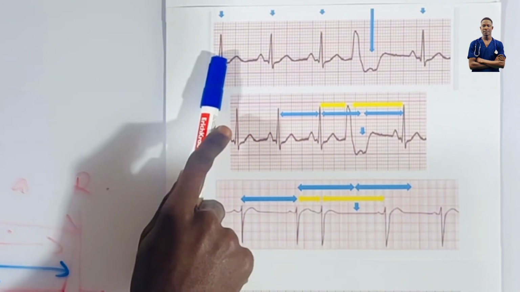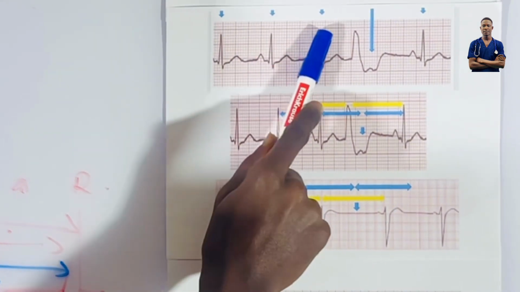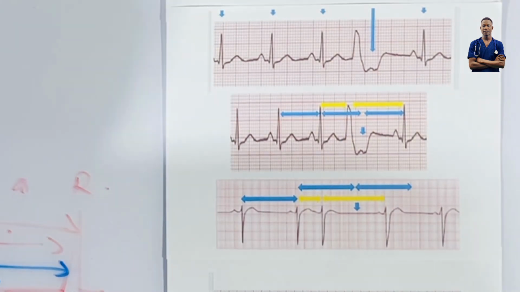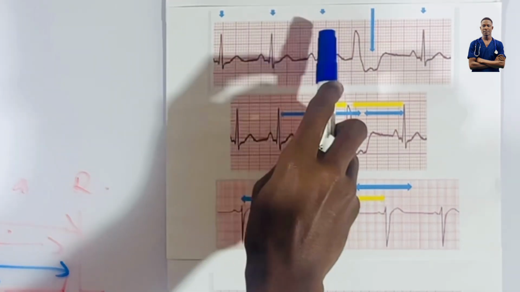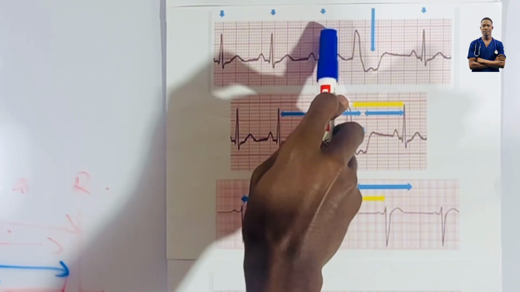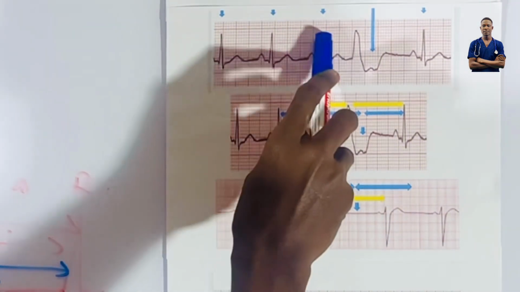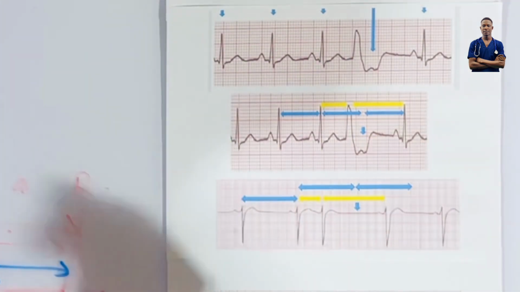Between this R and this R, and this R and this R, you see there's what? Regularity. Now, the distance between the first and the second one is the same as the distance between the second one and the third one. But look at the third one and the fourth one. The distance over there is very short.